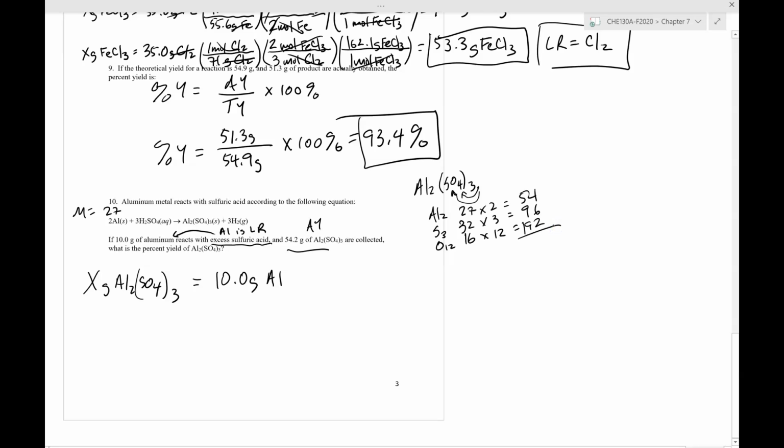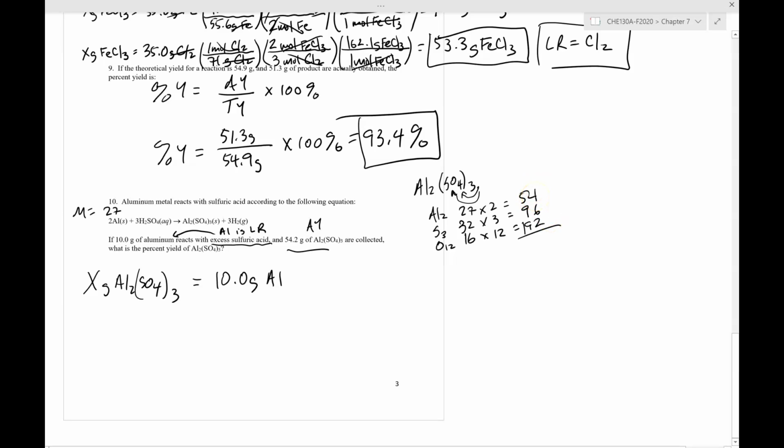So just to be on the safe side, I'm going to do it in the calculator the long way. I'm going to say 27, parentheses 27 times 2, close paren, plus parentheses 32 times 3, close paren, plus parentheses 16 times 12, close paren. All right, so what I got here is I'm going to add this up.